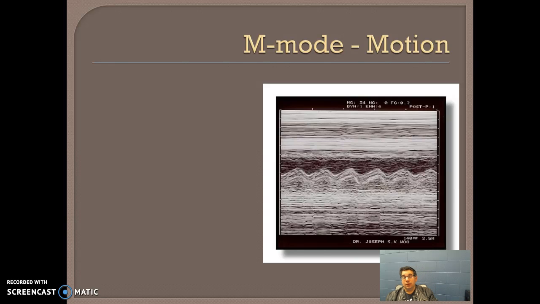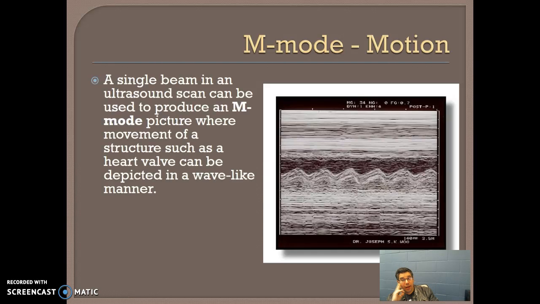How often this is moving, what the deflection is, peak to trough, if it is consistent over enough time. And again, this is used with a single beam, which means you'll be activating a single piece of the crystal.